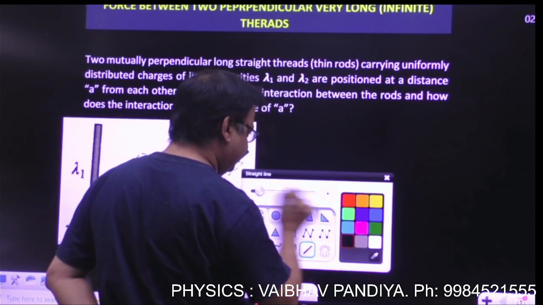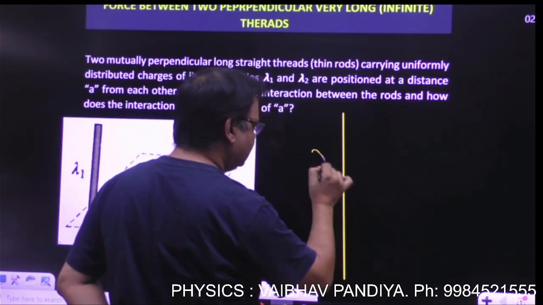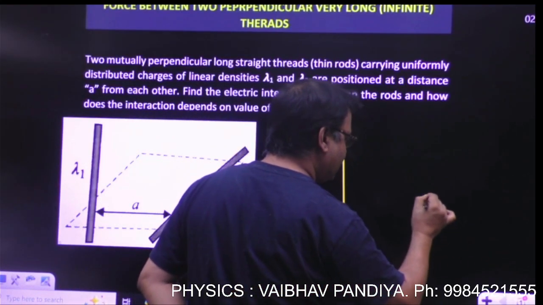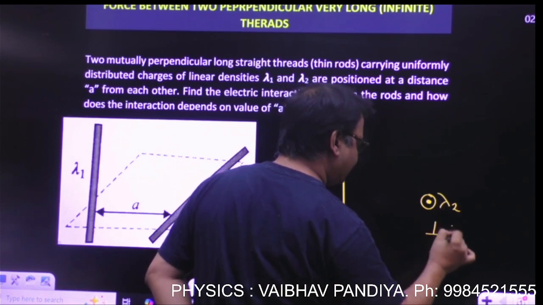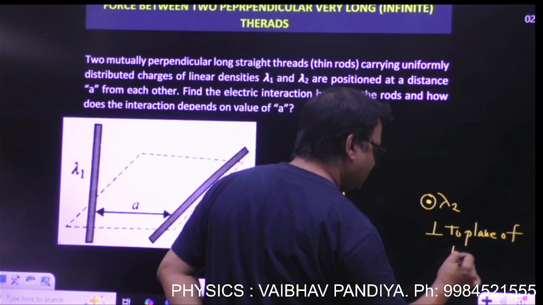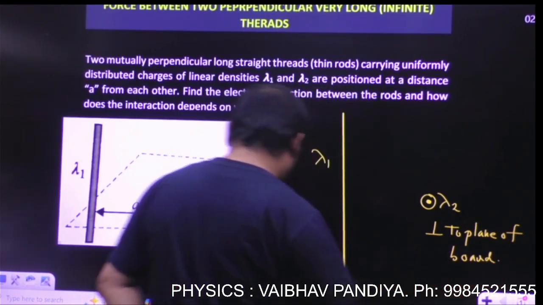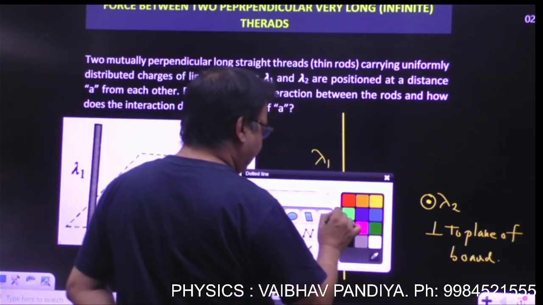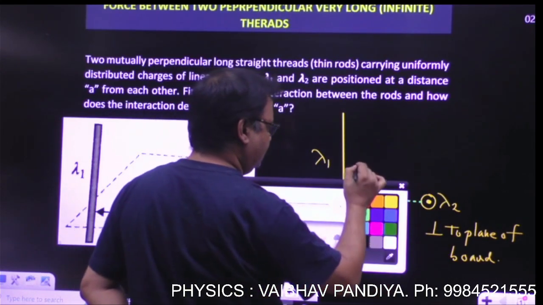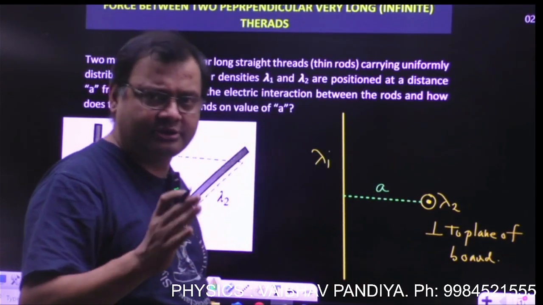Your one rod, say lambda 1, is in the plane of the paper, the plane of the board, and your second rod, of density lambda 2, is perpendicular to the plane of the board, the plane of paper, and the distance between the two rods is small a, and both are very long rods or threads, so we can use the infinite model.